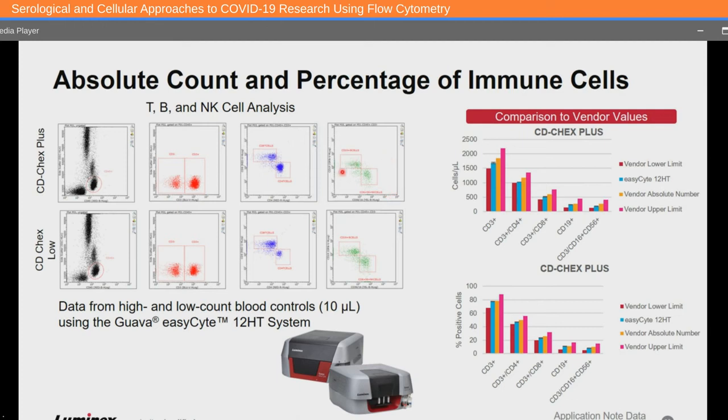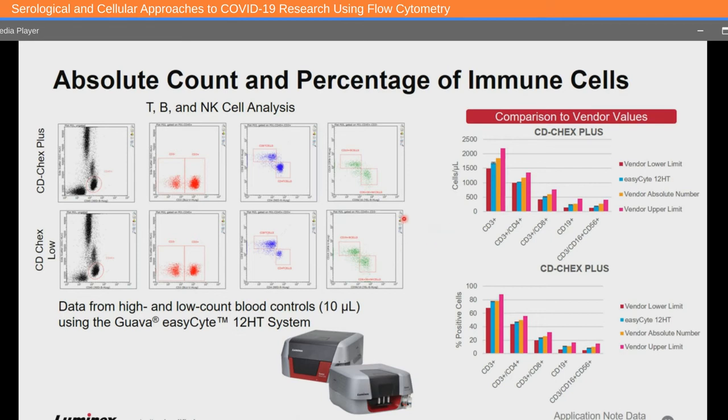Most of these antibodies are each conjugated to a different fluorophore and so can be looked at in different channels. The data can be easily mined to obtain count and percentage of each of these populations, and they can then be compared with other methods or other data that you've obtained.